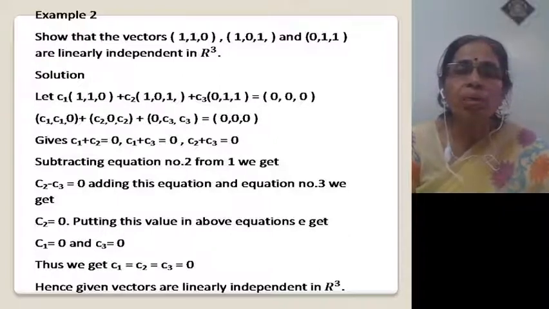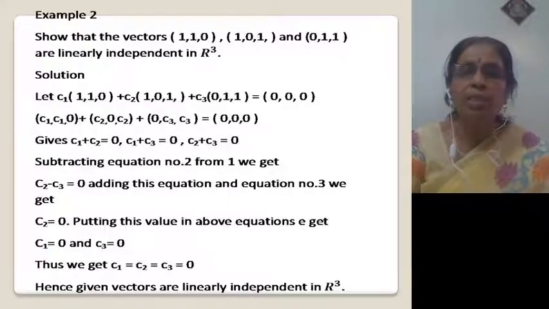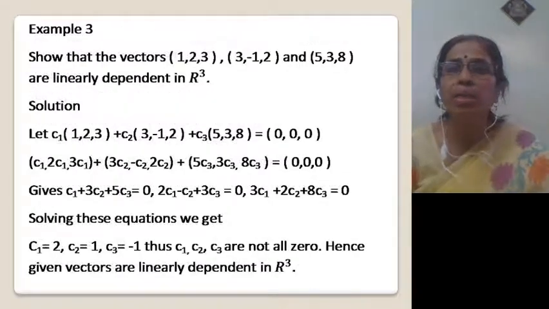Subtracting equation number 2 from 1, we get C2 minus C3 equal to 0, and adding this equation to equation number 3, we get C2 equal to 0. Putting this value in the above equations, we get C1, C2 and C3 all equal to 0. Here also we see that the given vectors are linearly independent in R3.